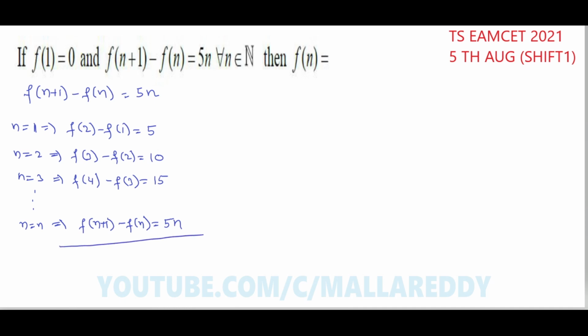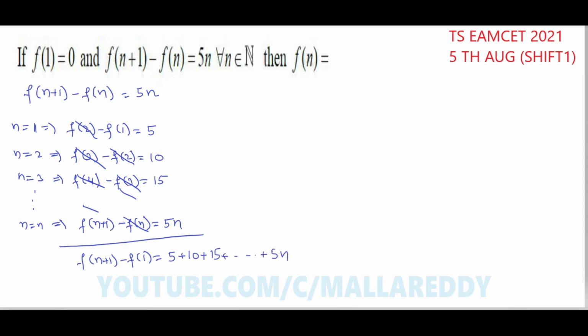Here f(2) and f(2) cancel, f(3) cancels, f(4) cancels, and f(n) − f(n) cancels. That is, f(n+1) − f(1) = 5 + 10 + 15 + ... + 5n.